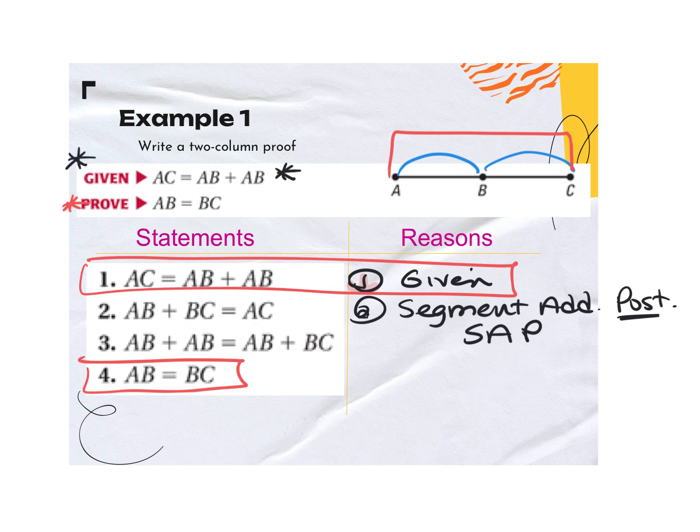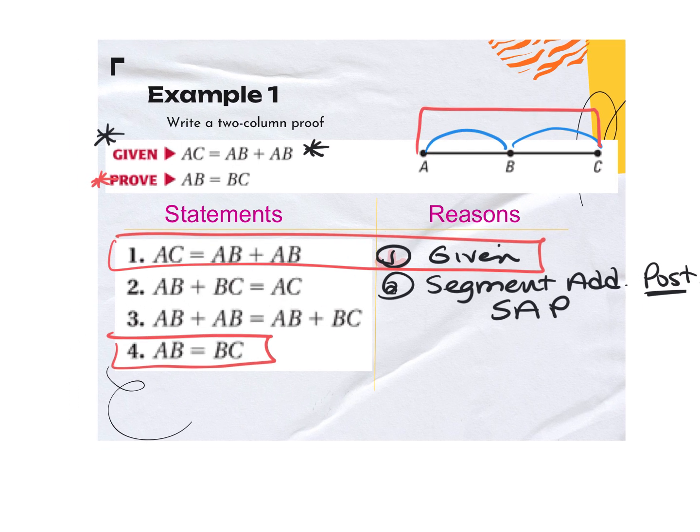Next, notice what they've done here is they've done a substitution. So notice up at the top, my very first statement, they told me that AC was equal to AB plus AB. So what we can do is we're going to take out AC from the second statement, and we're going to replace it with what AC equals.